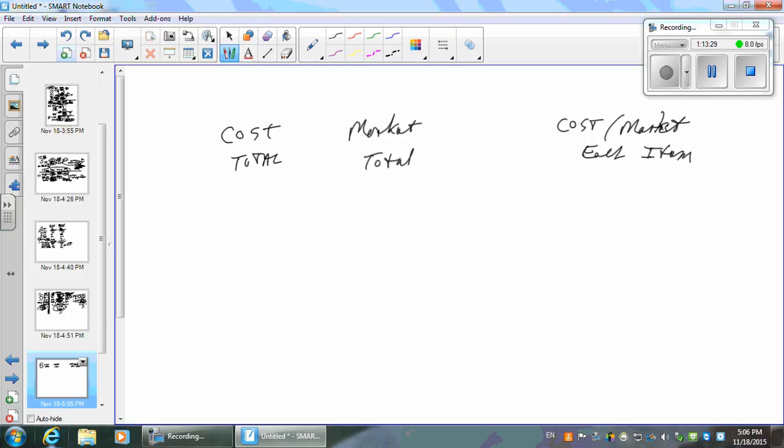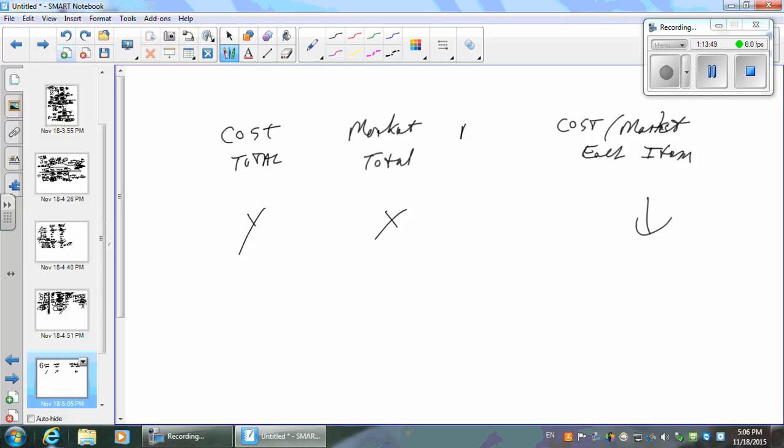This will tend to give me a lower number than this one would, right? Either that or they're the same, right? Okay, if market's less than cost, we take the market, and on specific items, they tend to be lower with it, because they offset in the market and total.